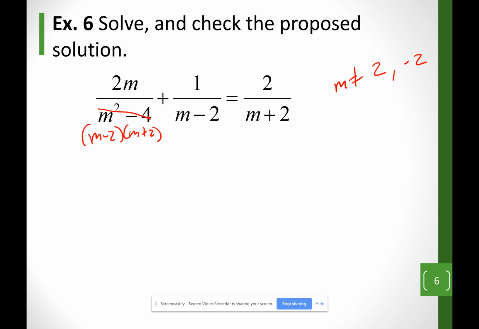Okay. My least common denominator, we can see, is going to be m minus 2, m plus 2. So multiply everything by that.